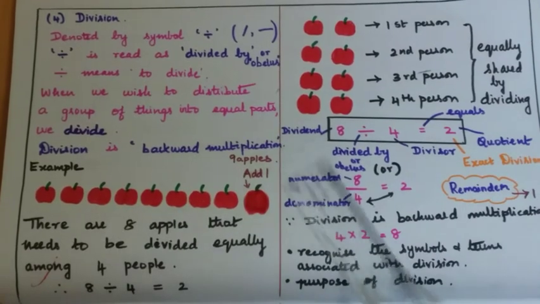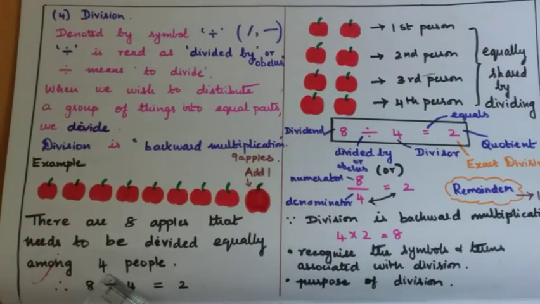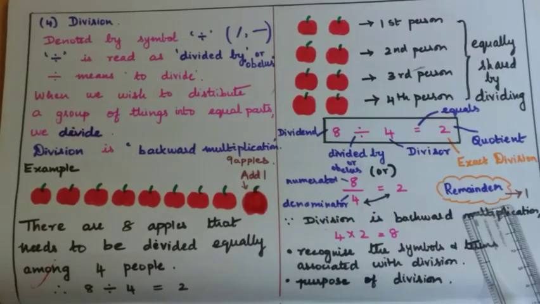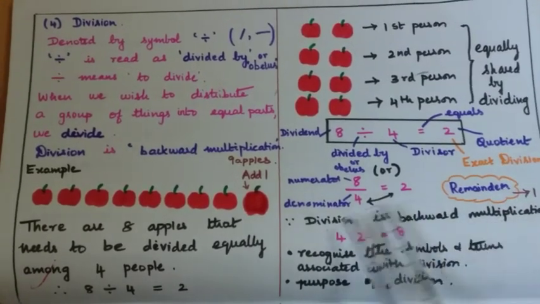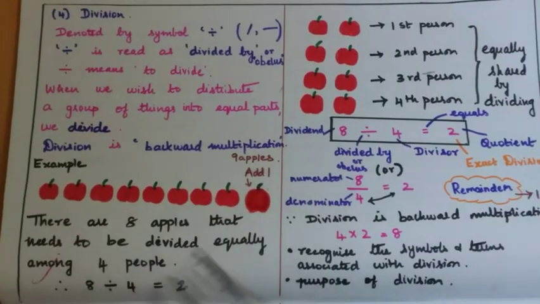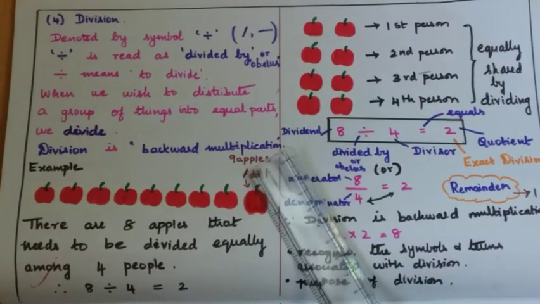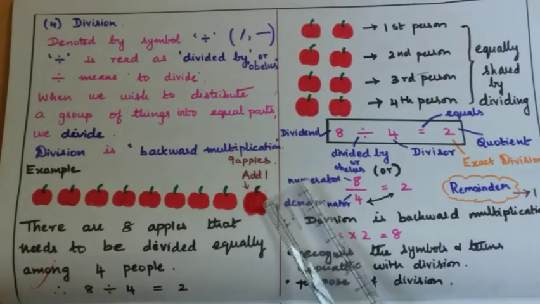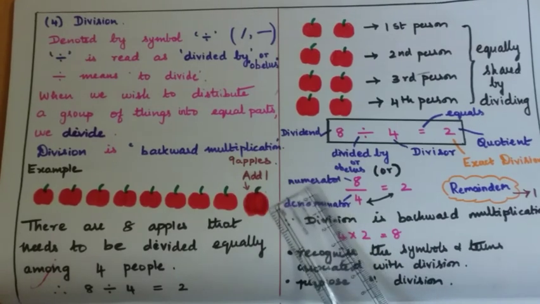So now there are 9 apples in total, since we have added 1 apple to these 8 apples. Now when we try to divide these 9 apples again among 4 people, we get the quotient as 2, but now we are going to be left with 1 apple, which is called the remainder.